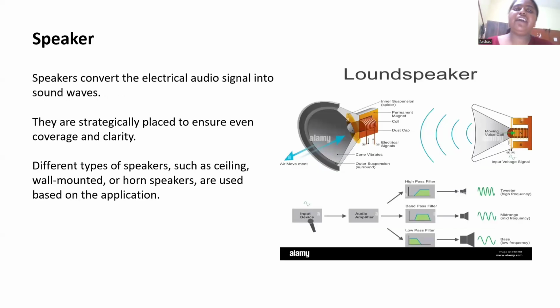Speaker. We are very familiar with this device called speaker, which we use for external sound to hear more loudly. Like when we consider a DJ or a small Bluetooth speaker. So it is used to increase the volume. Speaker converts the electrical audio signal into sound waves.